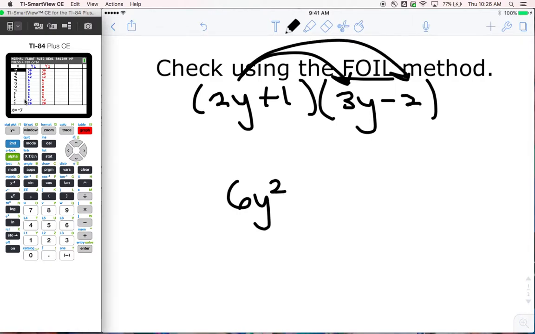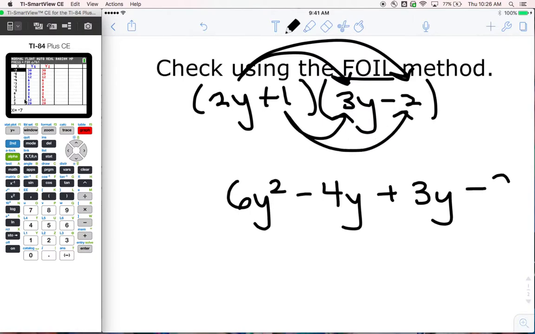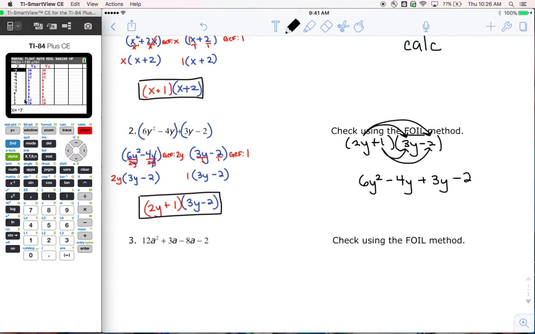And 2y times negative 2 is negative 4y. 1 times 3y is positive 3y. And finally, 1 times negative 2 is negative 2. Is this what I started with? 6y squared minus 4y plus 3y minus 2. Yep. Okay, so I know that I'm right.